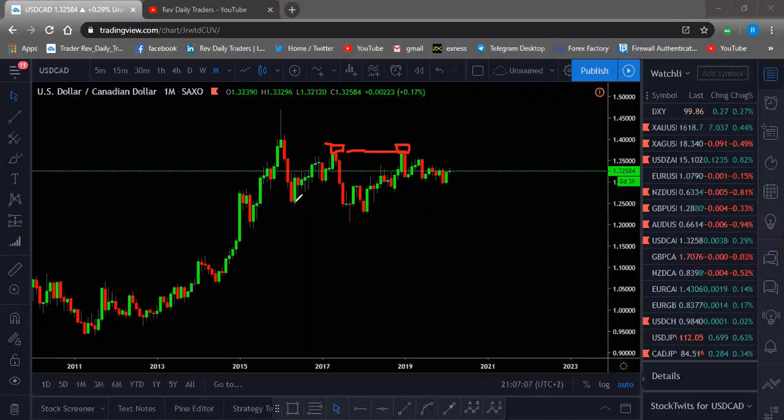Here, I will take this low, this low, this low, then the horizontal will continue to be like that, okay? Even here, the horizontal will continue to be like this. Remember, we are on monthly time frame.